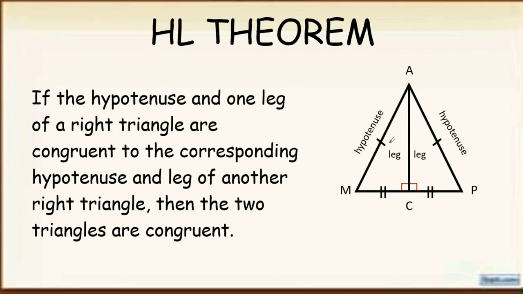So ito po yung mga congruent sides po nila. So that means triangle ACM and triangle ACP are congruent.